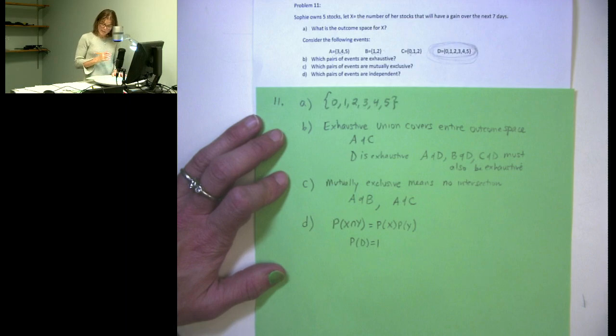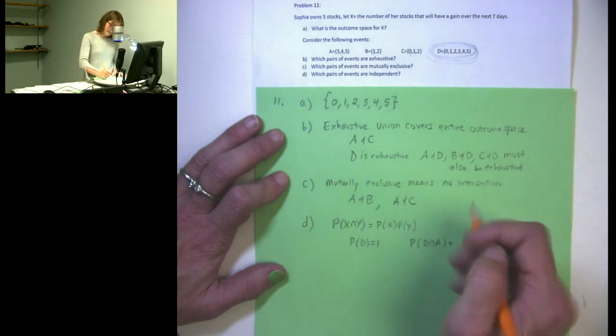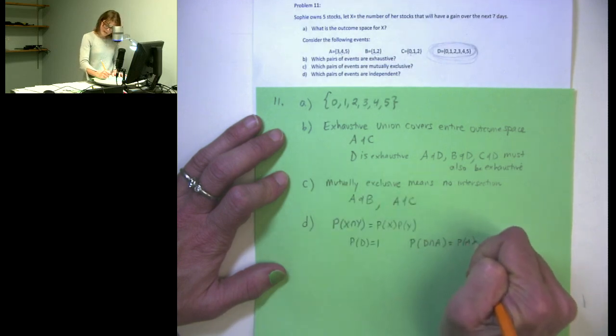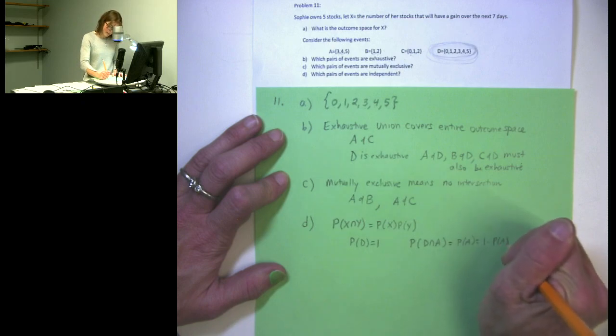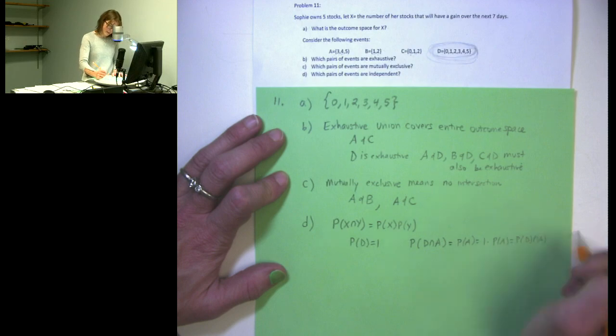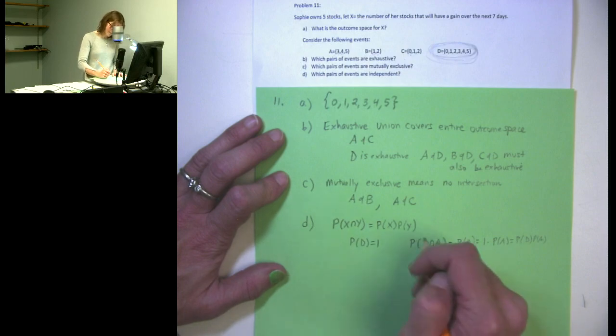So technically speaking, the probability of D and A is the probability of A, which is 1 times the probability of A, which is the probability of D times the probability of A. So D is independent of A.